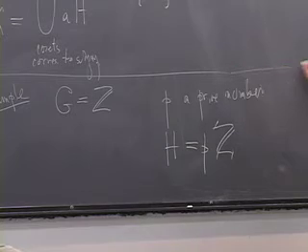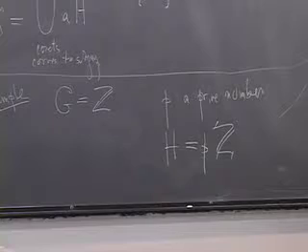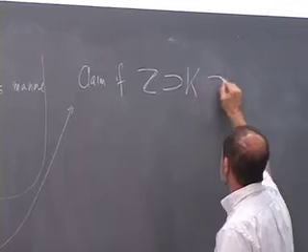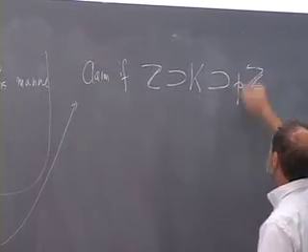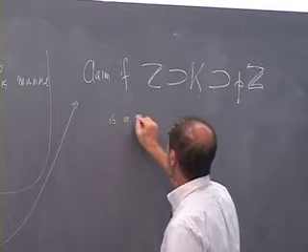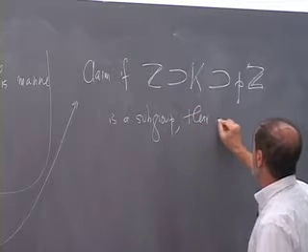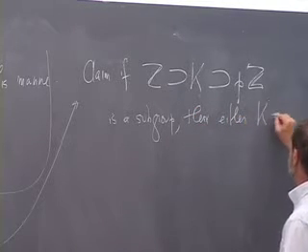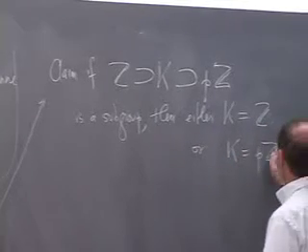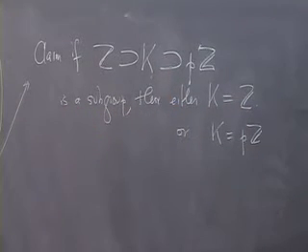Here's the claim: if we have a subgroup K of Z which lies between Z and pZ, then either K is equal to the integers or K is equal to pZ. In other words, there's nothing properly in between those two subgroups.